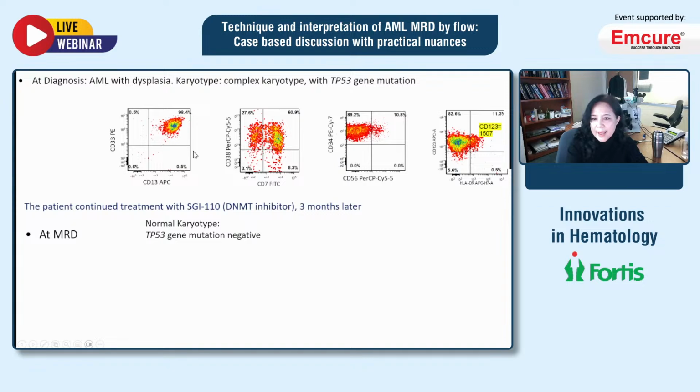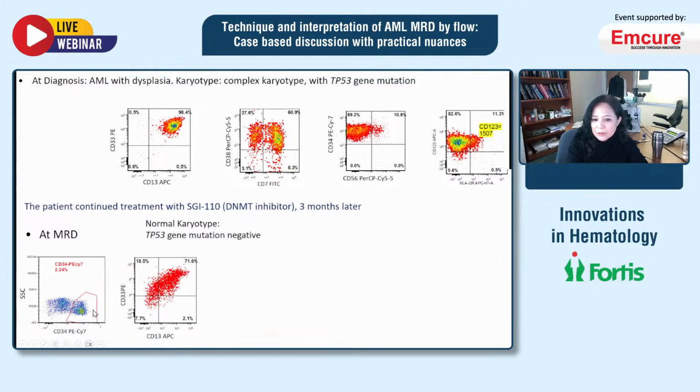So this is the case at the time of diagnosis, very abnormal. If you see the CD33, CD13, one blob, and also has CD7 expression and a little bit of 56, not much. And also most of them have no HLA-DR. So when you get a case like this, I say, yeah, the AMRD will be very easy, right?